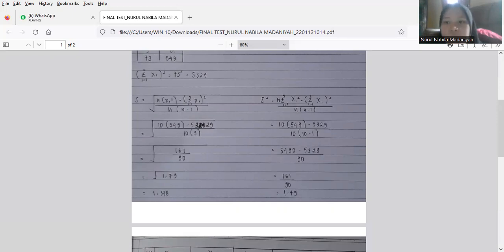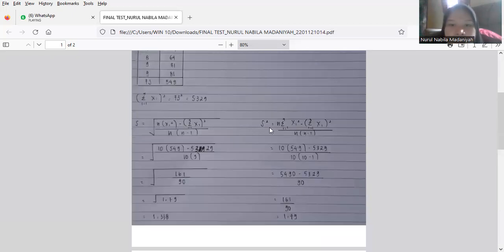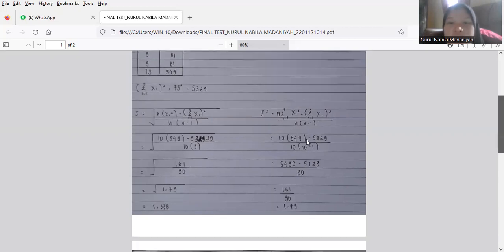And then we move to the next, which is S quadrat, equal n sigma xi quadrat minus sigma xi quadrat, per n minus 1.